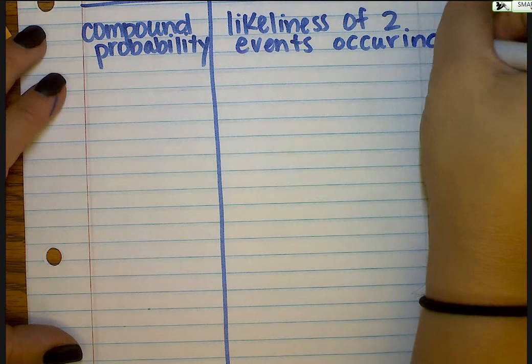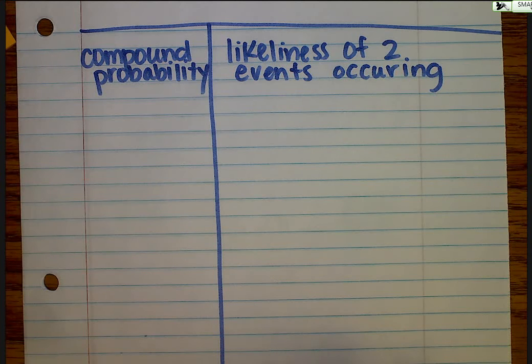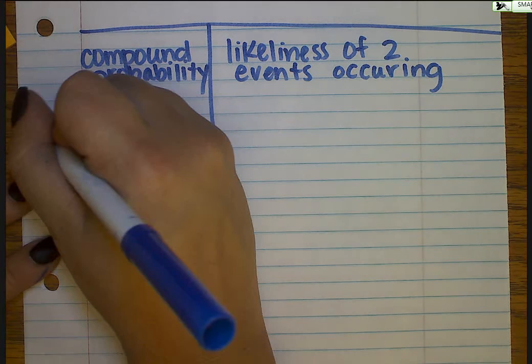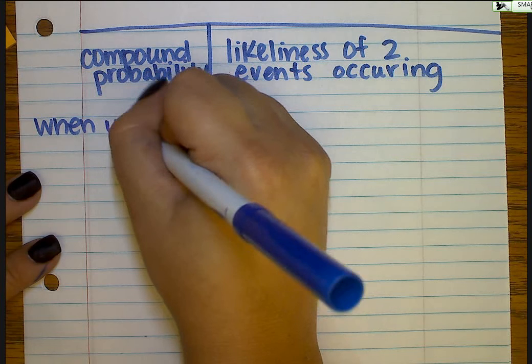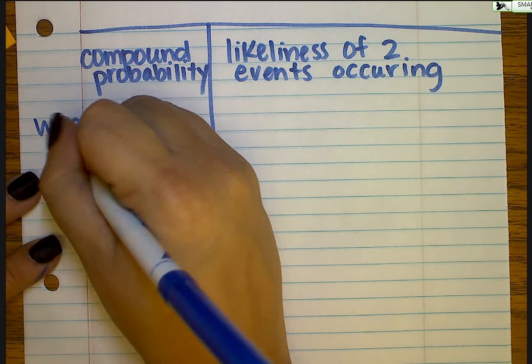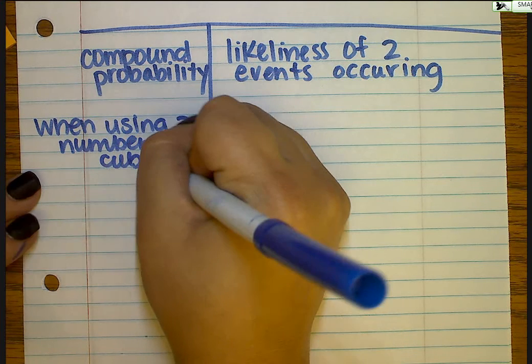We kind of did this with cards already, like the likeliness of pulling a jack and then a red card. That's compound probability. When we're using compound probability with dice or two number cubes, here is where our dice chart comes in handy.